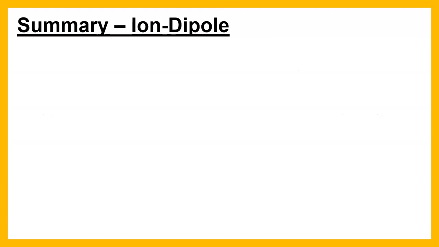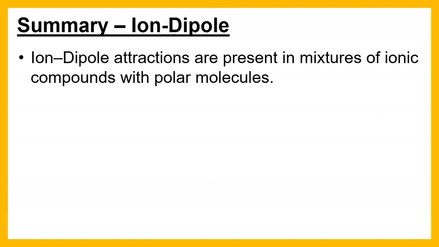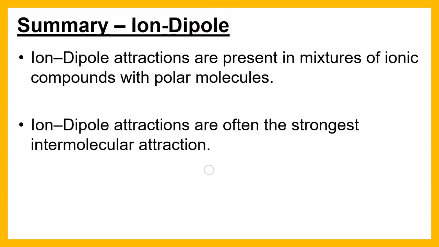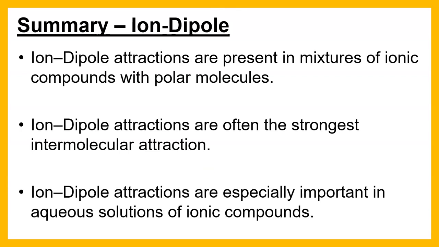Ion-dipole, one of the new ones. When you have an ionic substance mixed with something polar, they can be very, very strong. And it's what kind of explains whether something is soluble or not.